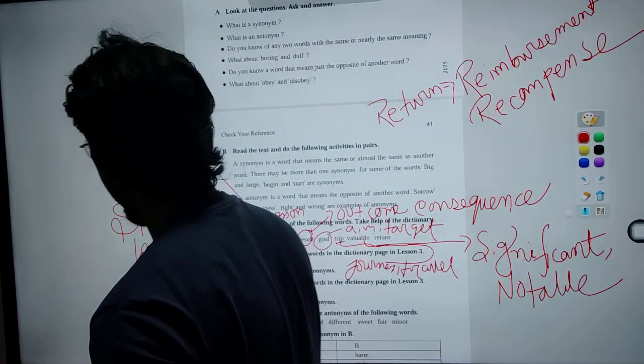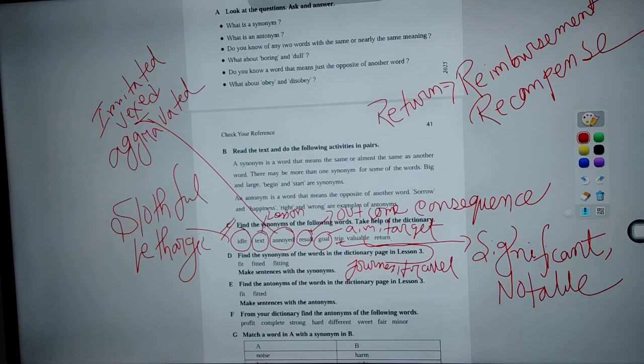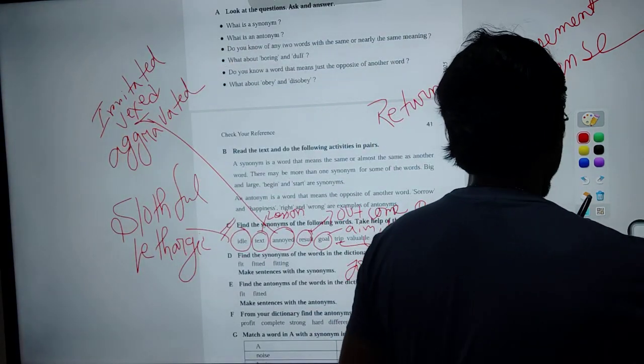So please note it down. These words are very, very important for synonyms. Okay, let's move on.